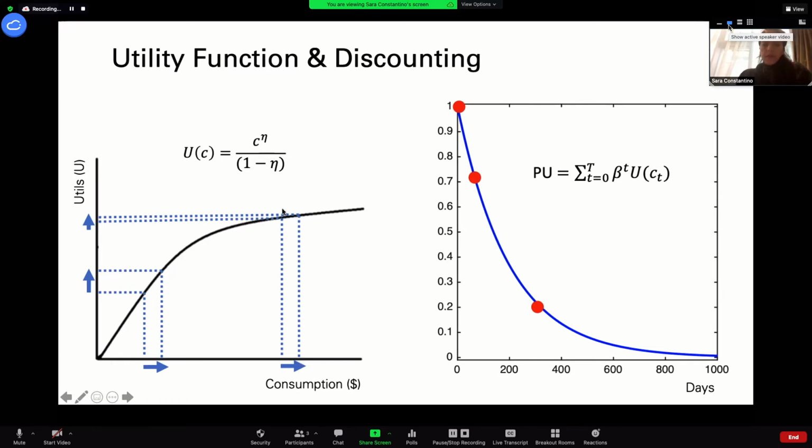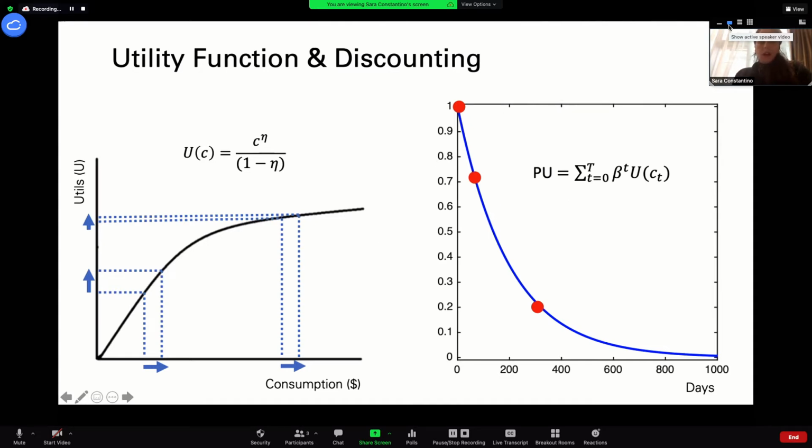And the way you can see this is that the same increment out here in the flat part of the utility curve, when an individual is already at a higher level of consumption, translates into a lower marginal increase in subjective utility than it does at a lower level of consumption here. So intuitively, $1 is worth more at low consumption or income levels than at already high levels of consumption.